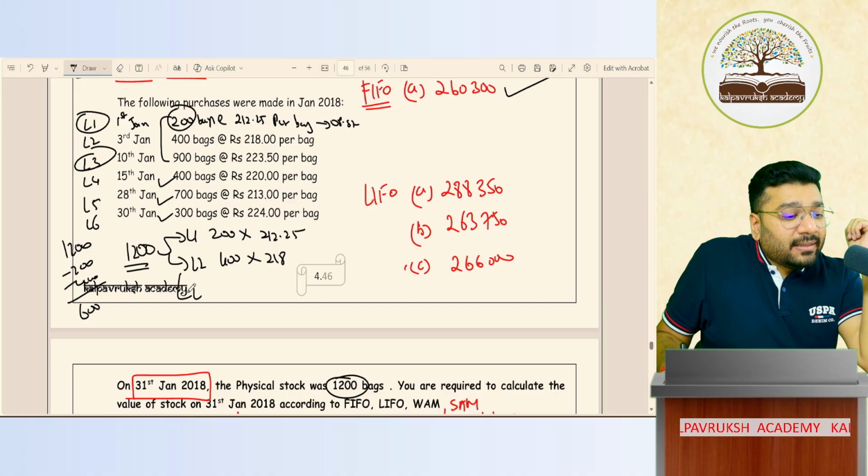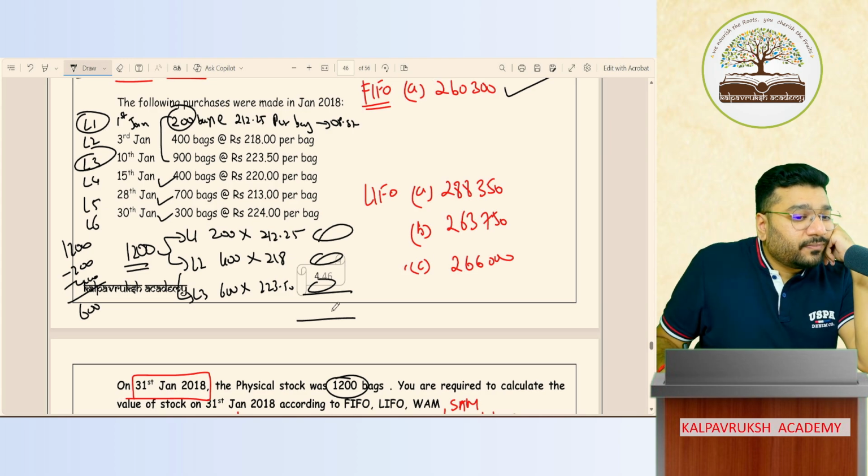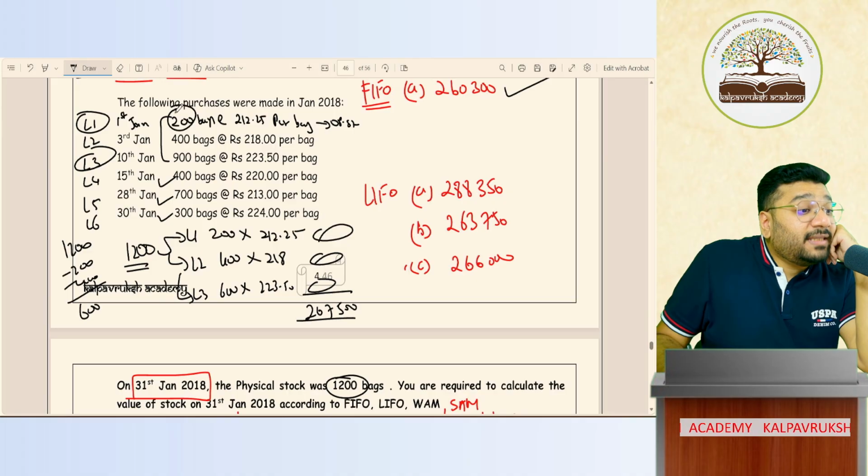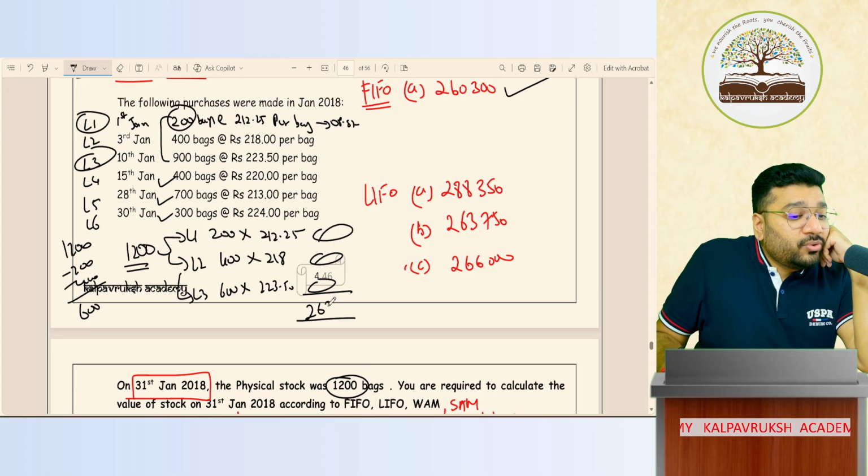So from L3, 600 into 223.50. Now if you multiply this, tell me what is the total? 263,750. Oh, B is the correct answer then. 263,750.